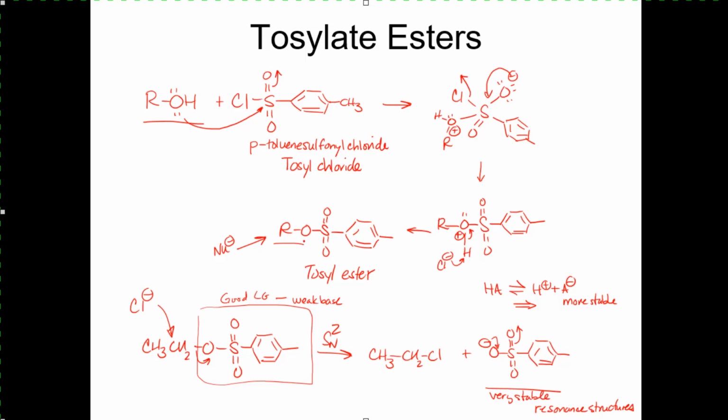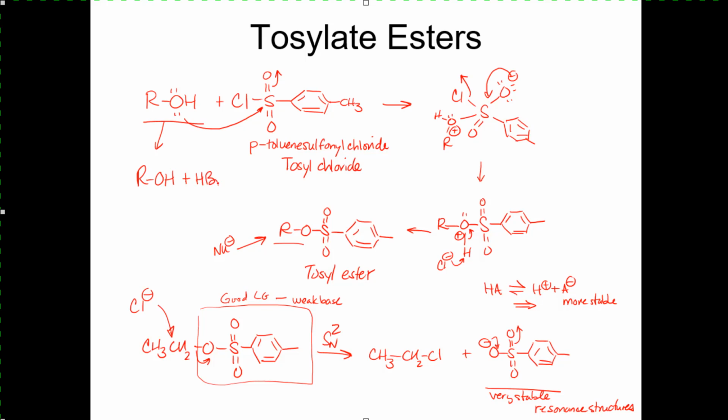And so now I can turn the OH into a very good leaving group. So the importance of tosylate esters is that by using tosyl chloride, I can turn this OH group into a good leaving group.